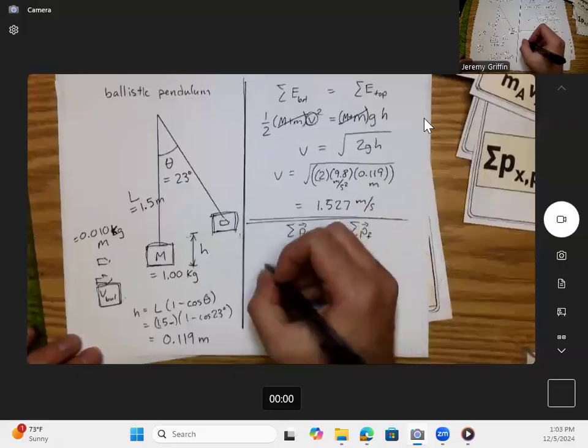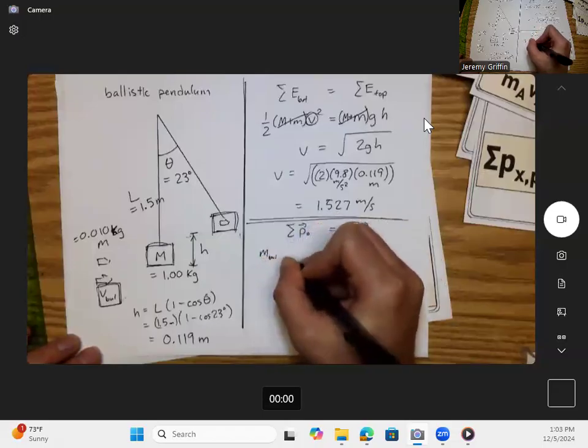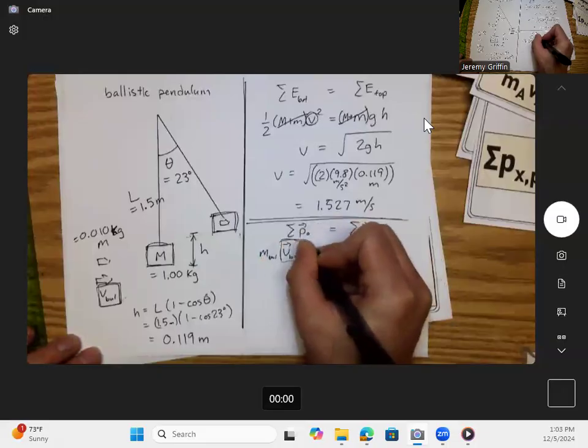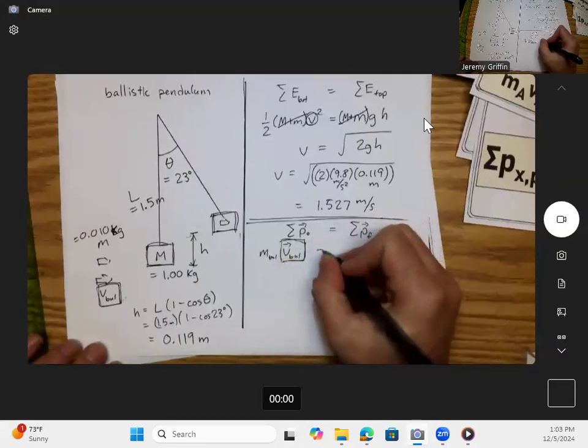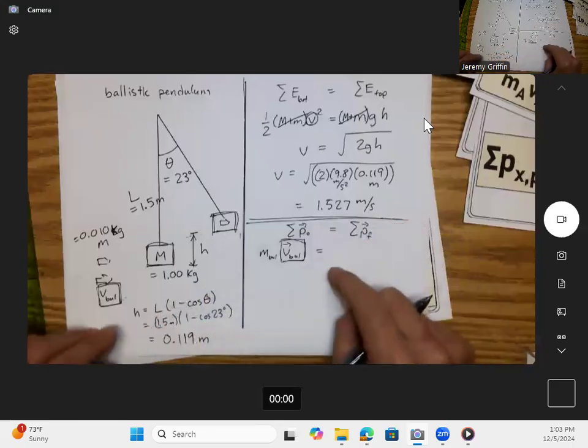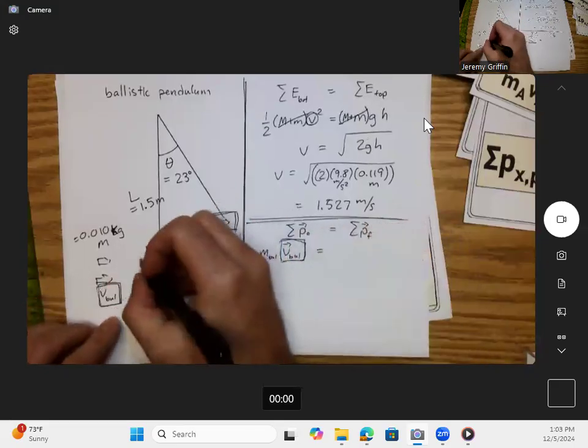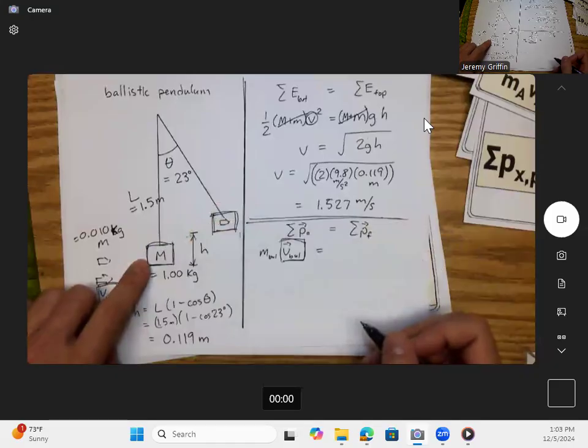The bullet. Yeah. So mass of the bullet times the firing speed of the bullet. Oh, that's what we were actually solving for. There we go. So what we're trying to find now just showed up for the first time in the equations. Right? This collision happens right here. Bam. Is this elastic or inelastic?